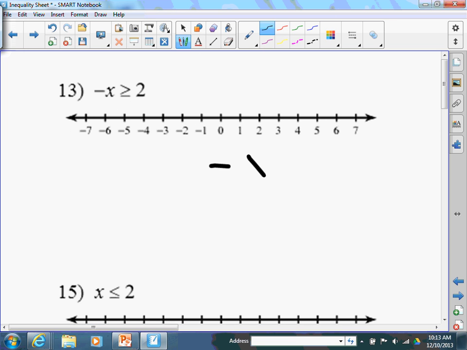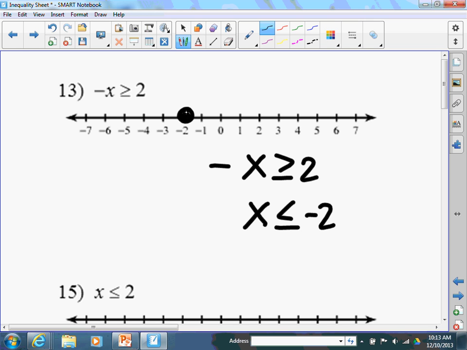I'll show you the answer. If you were actually solving this, and you get to this point, the opposite of -x is positive x, and then you would flip the symbol, and what's the opposite of 2? There you go. Okay? You would go up here to -2, closed circle, and shade this. That was tricky. It's a little bit more because you've got to do opposite here.